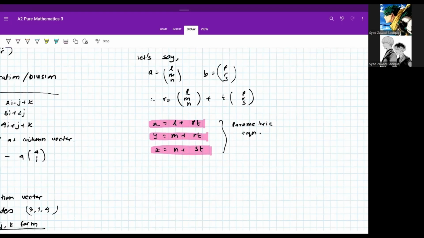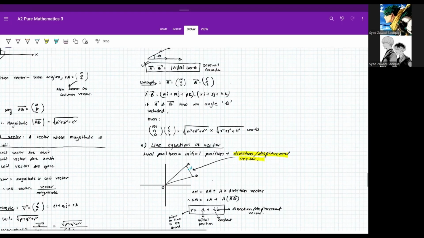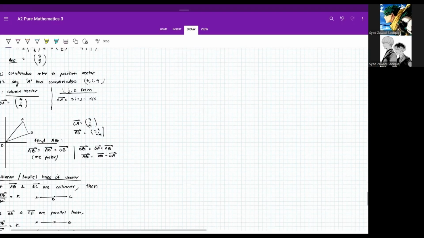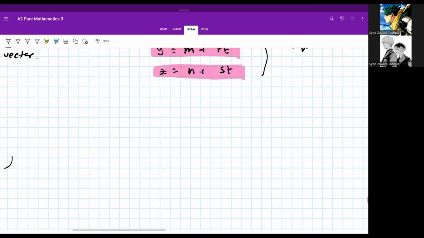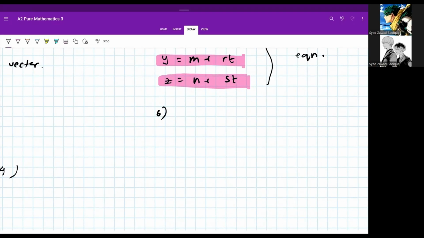So next concept is concept number 6. Intersection of vectors. Okay.